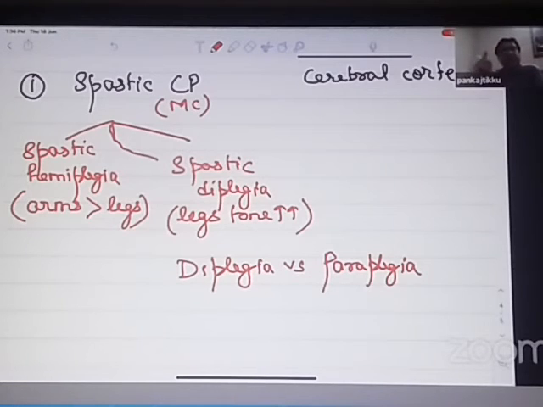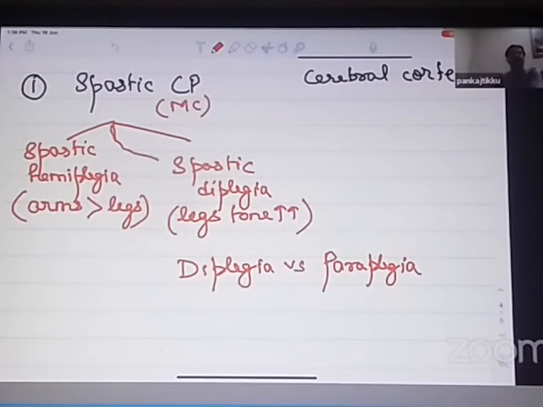So the first type of spastic cerebral palsy is spastic hemiplegia. One half of the body has increased tone, the other half is normal. The second type is spastic diplegia. The tone of the legs is significantly increased. Arms are less affected. I'm not saying arms are normal. And the third type of cerebral palsy is known as spastic quadriplegia.